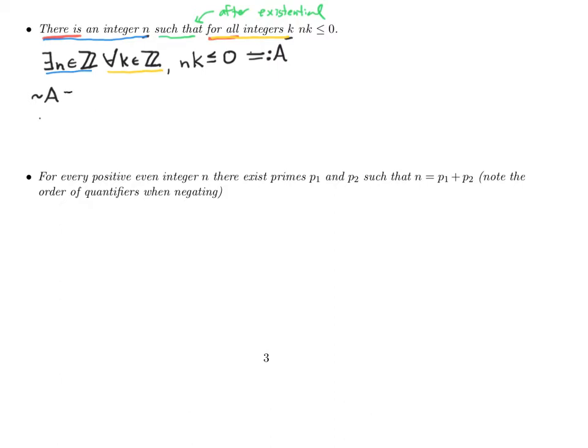So this is going to be: for all n that are integers, there is an integer k where nk is not less than or equal to 0, so it's greater than 0.